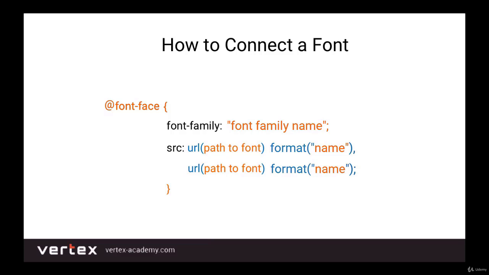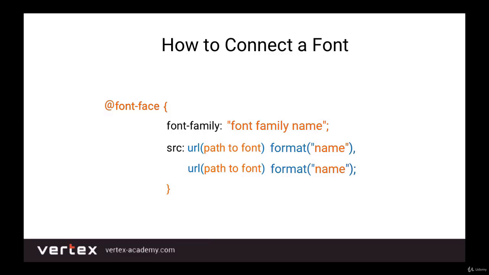Alright, so then the src property. It specifies the path to the font files. So here we're going to write url, then parentheses, and without quotation marks, we're going to write the path to the font. Alright, so then we're going to write format, and once again parentheses, and this time in quotation marks, either single or double, it doesn't matter.